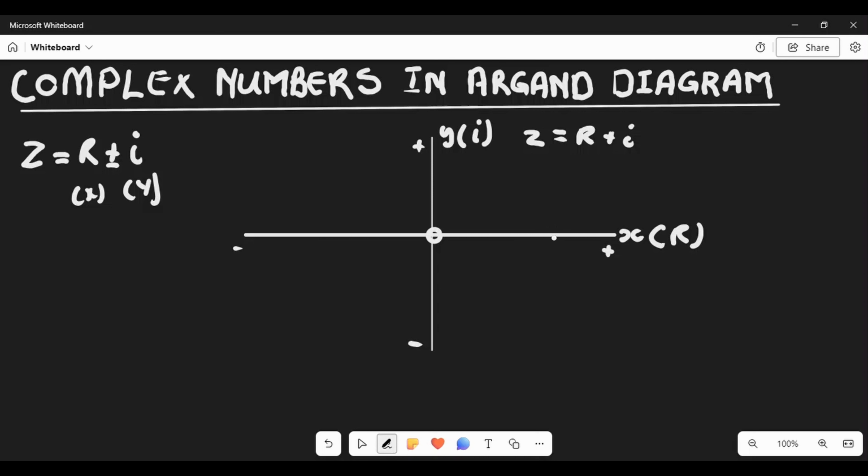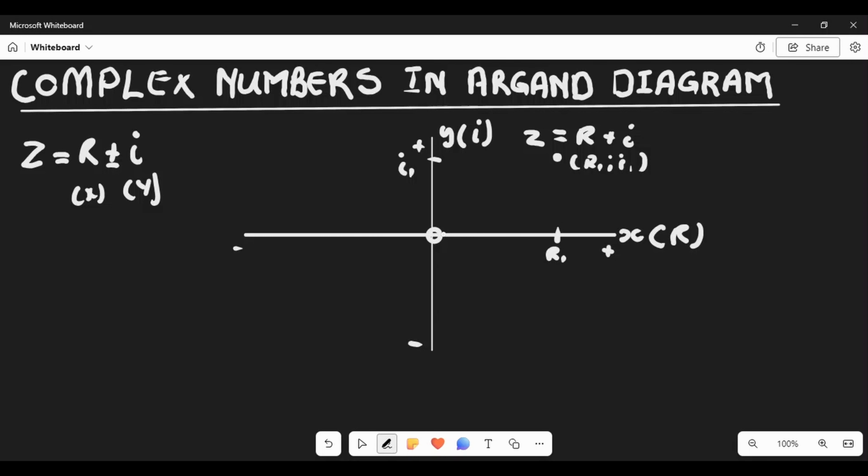So for example, let's say our real number, let's call it r1, right? And then our imaginary number, let's call it i1, right? So the coordinate of this point is r1 and i1, right?